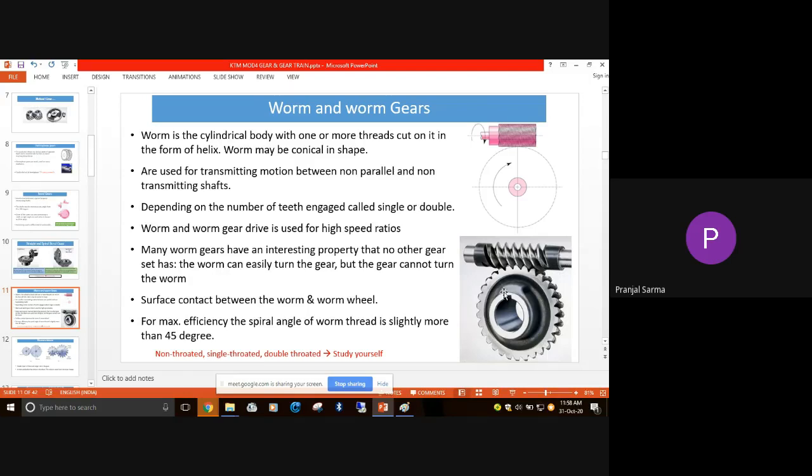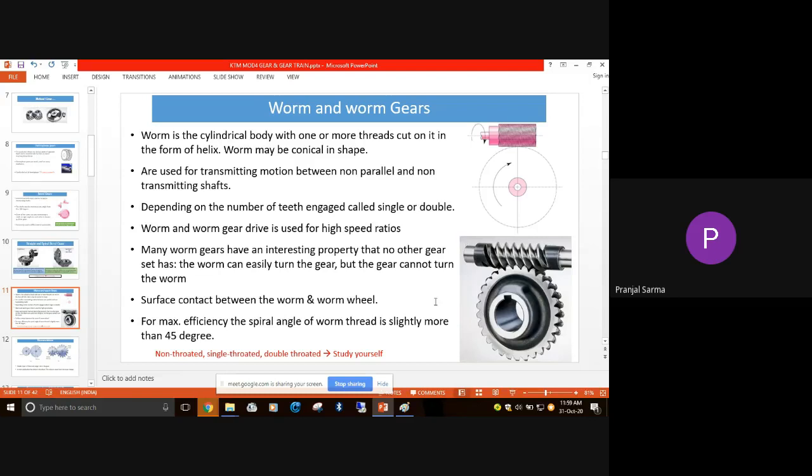Sometimes we want to lock a particular direction, so that even if there is some motion we don't want any motion in that direction, and we can use a worm and worm gear to impart this self-locking property. We have also seen the pawl and ratchet mechanism, which can give a locking mechanism too.